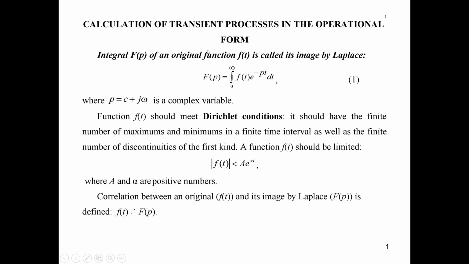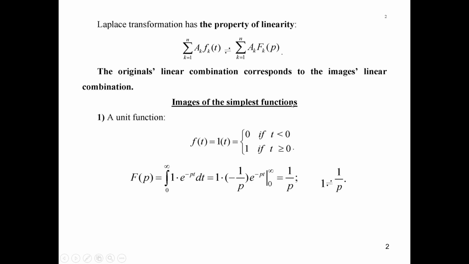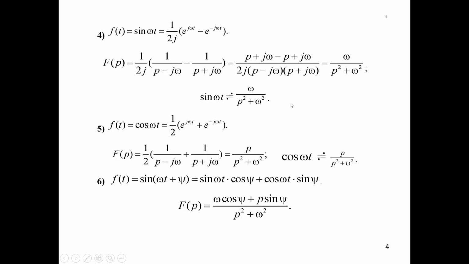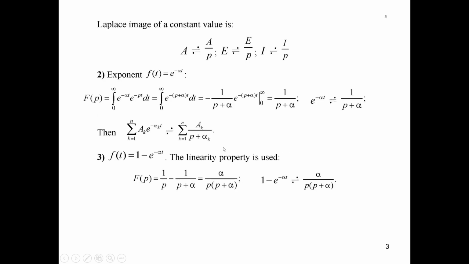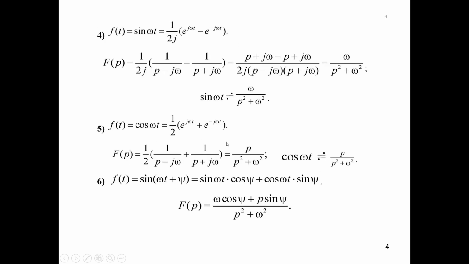There is a formula to get the operational image of some function of time, and we have applied it for several functions: for the unit function, for the exponential function, and for others. Let's apply it also for the sinusoidal function.